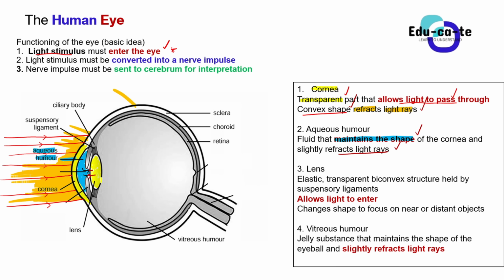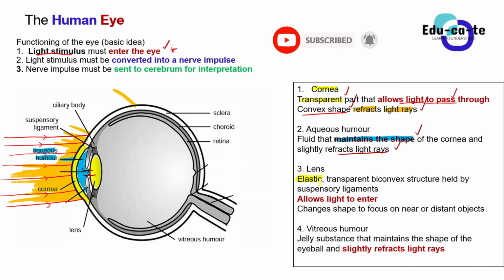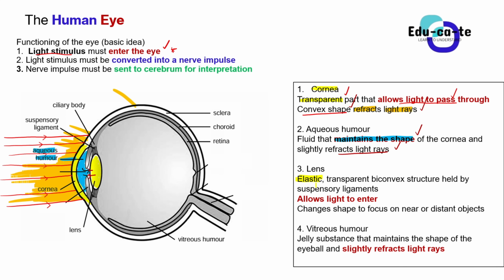This round disc known as the lens is elastic. That's an adaptation. Everything highlighted here is very important. When you say that the lens is elastic, it means that it is able to change its shape so that it can focus on near or distant objects. But that's a concept we're going to talk about later on. It is also transparent, so it allows light to pass through.